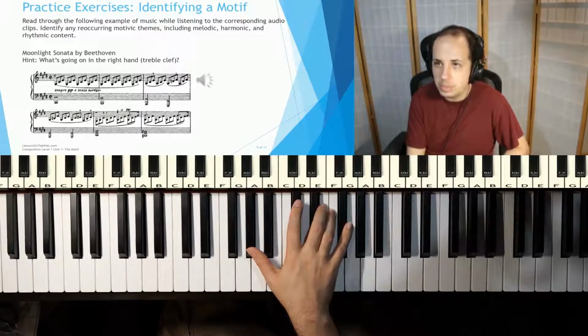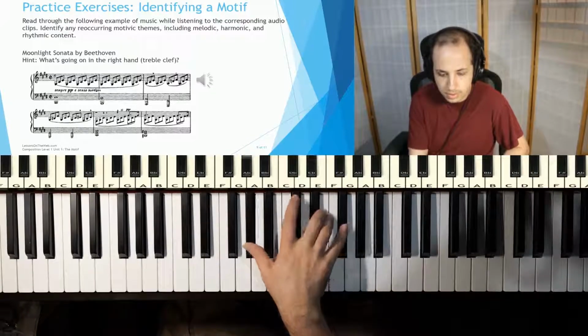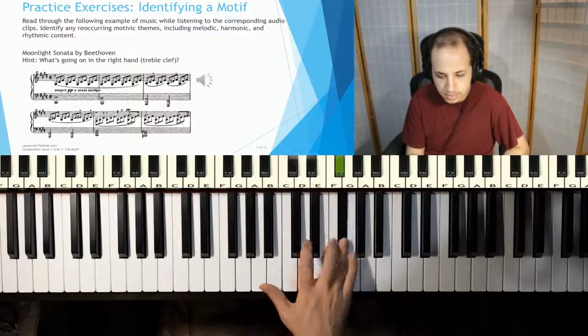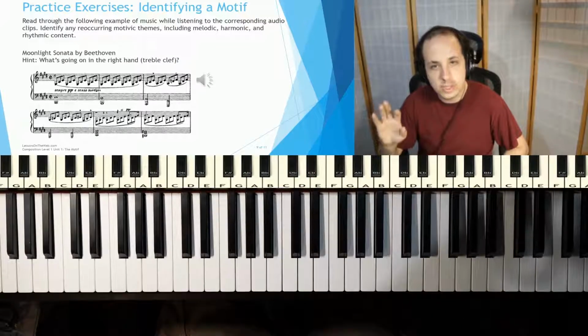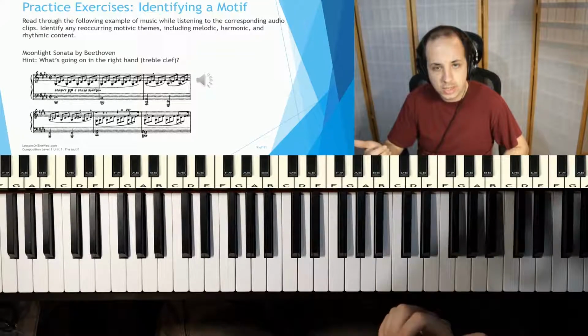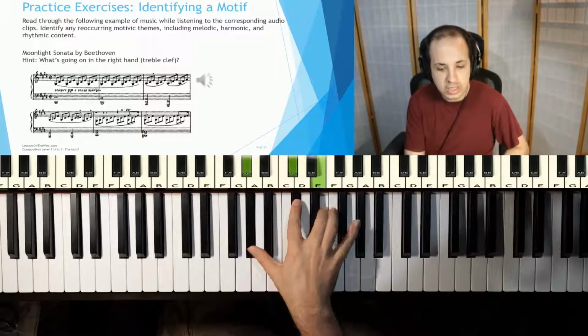So maybe if I played the pitches, changed the rhythm to it, you would still recognize it. So I'd say it's more melodic based in nature, this motive, or more pitch based rather, notes up and down, because it's really these that you recognize.